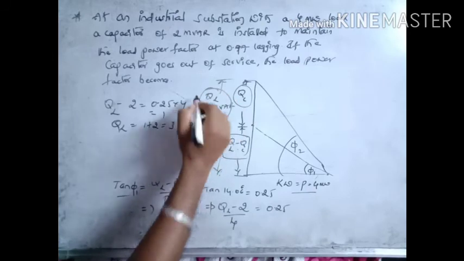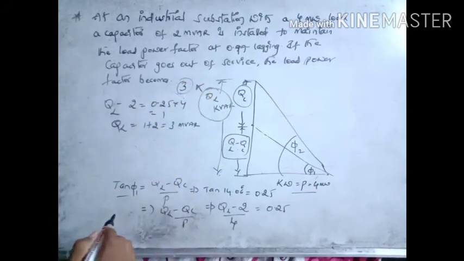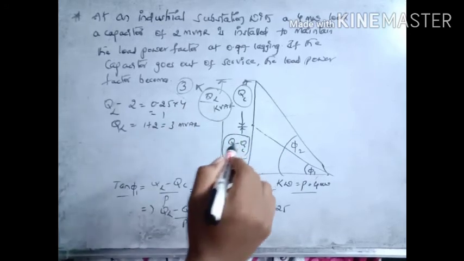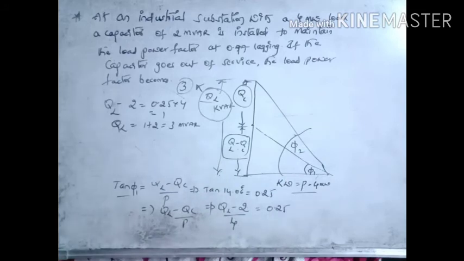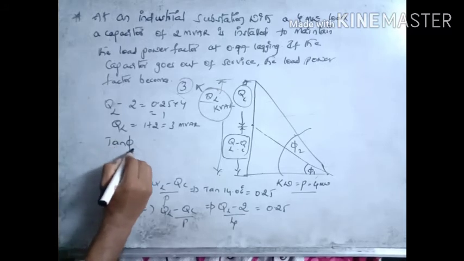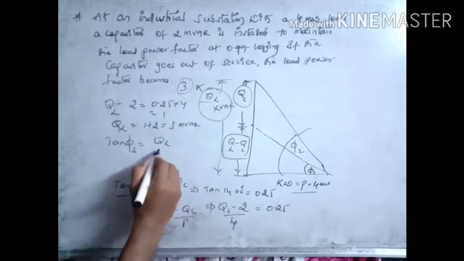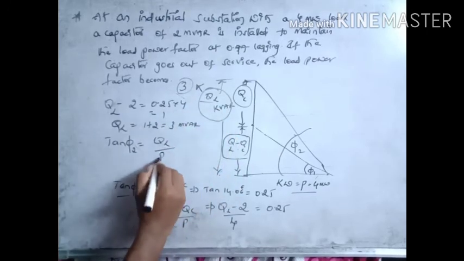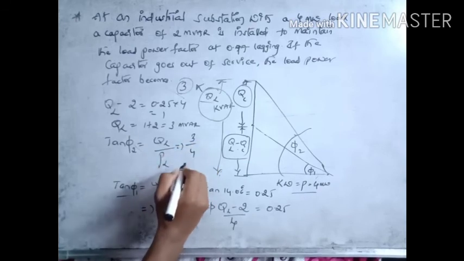That means the load demands a reactive power of 3 MVAR at the phase angle phi 2. So tan phi 2 will be calculated as the total reactive power QL by the total active power P. Reactive power is 3, active power is 4.